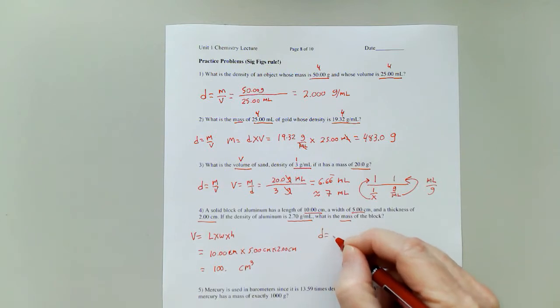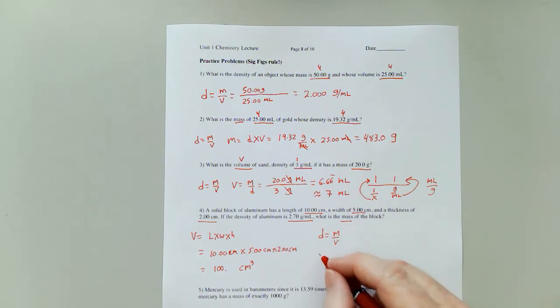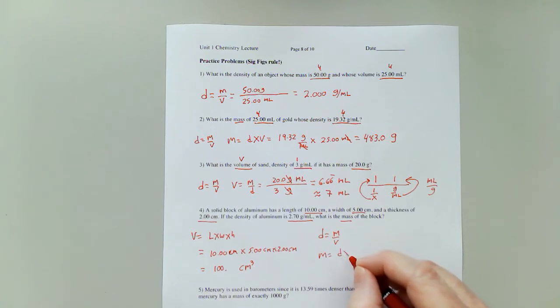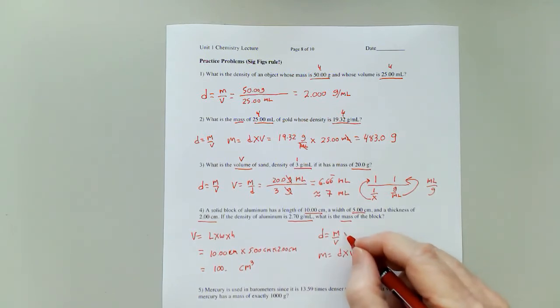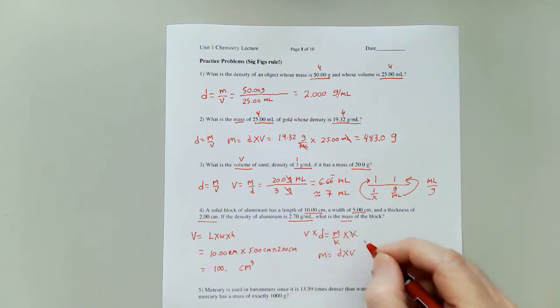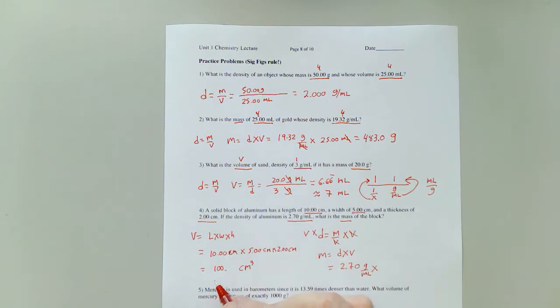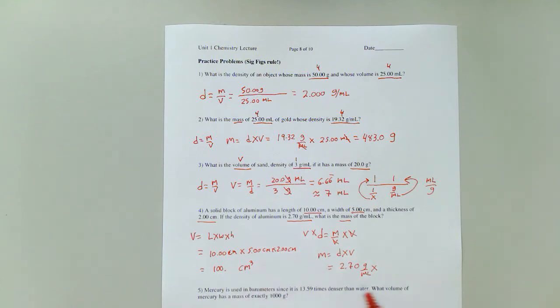Now, density is mass over volume. So mass is density times volume. I get that by multiplying that side by V and multiplying that side by V, and those cancel. 2.70 grams over milliliters times 100 centimeters cubed, which is the same thing as saying 100 milliliters.